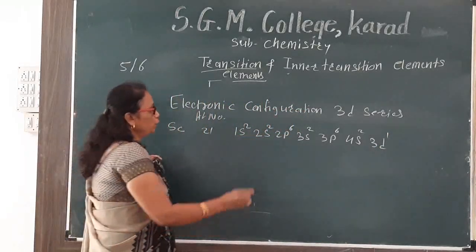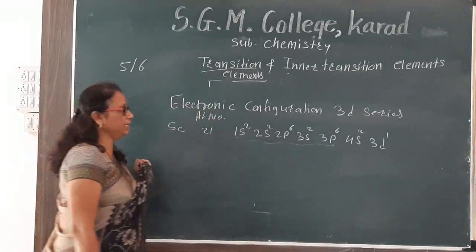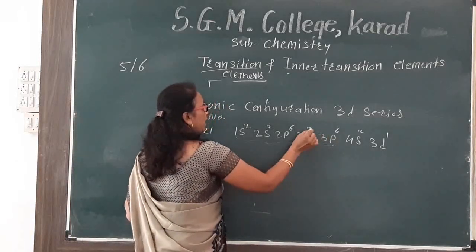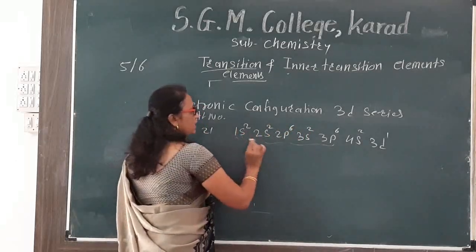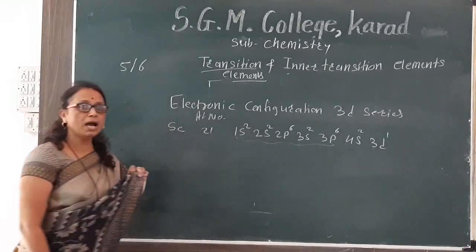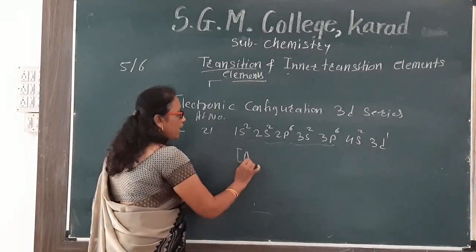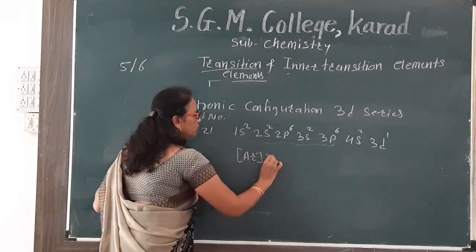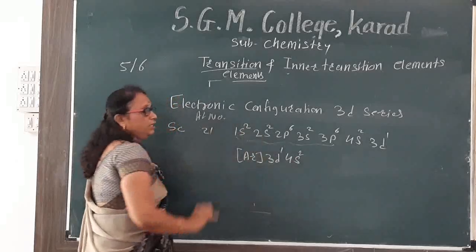In short, up to 3p6, the sum of the electrons is 18: 6 plus 2 is 8, plus 6 is 14, 16 and 18. This means it is the electronic configuration of argon. Hence, in short, we can write it as argon 3d1 4s2 or 4s2 3d1.